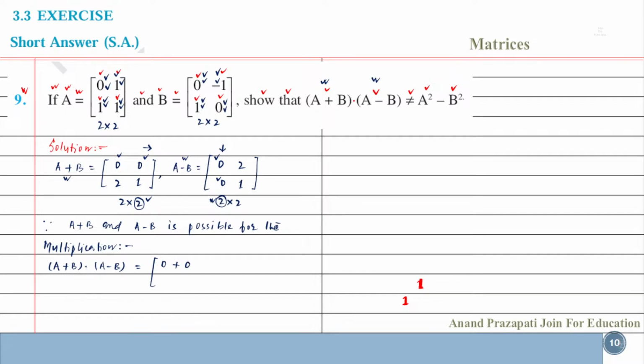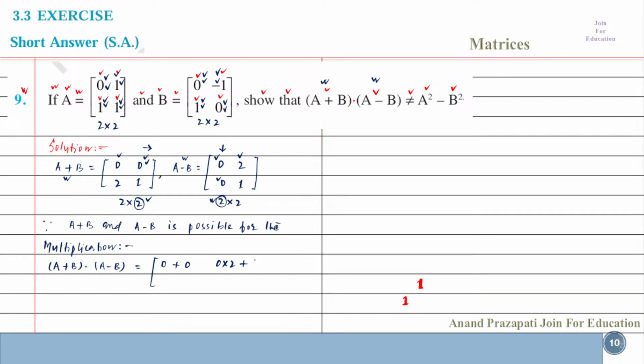This is the first element of A plus B into A minus B. The second element will be 0 into 2 plus 0 into 1.